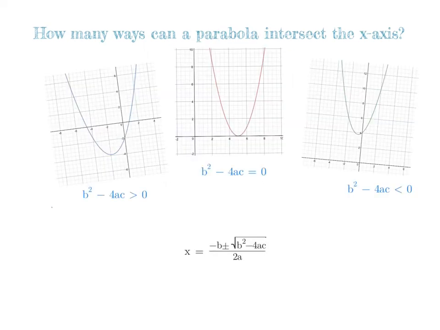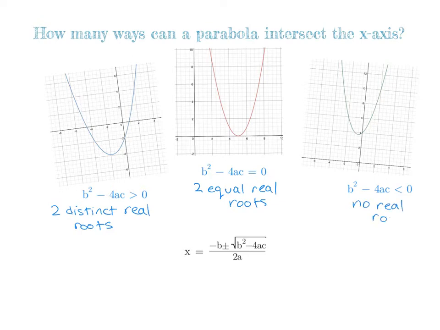Let's look at our three cases again. In the first case, there are two ways that the parabola can intersect the x-axis. In this case, our discriminant is greater than 0. In the second case, where the parabola intersects the axis in one point, we have two roots, but they're equal. And in this case, the discriminant equals 0. In the third case, the discriminant is going to be less than 0 because there are no real roots.